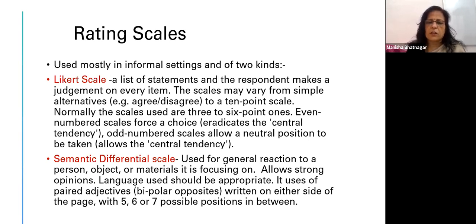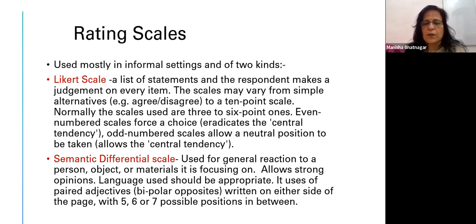Then we have the semantic differential scale. It is used for general reaction to something. It could be a person, or a faculty also, or some policy, object or materials it is focusing on, and it allows a strong opinion.